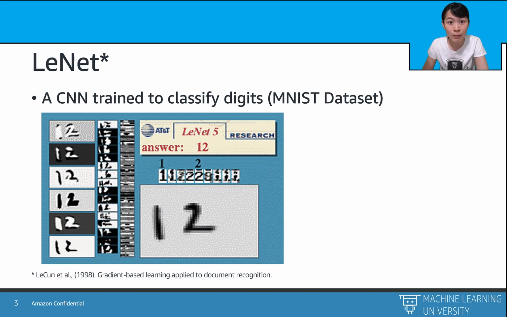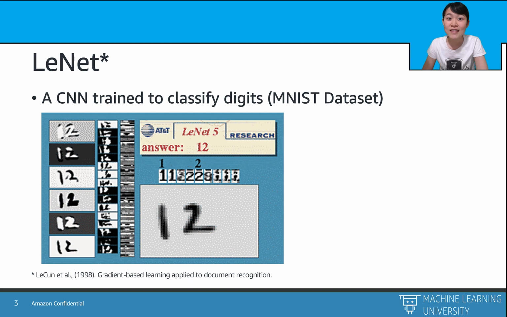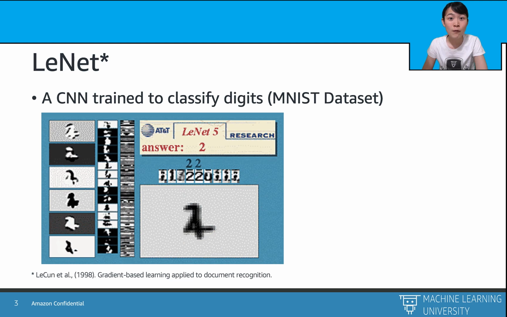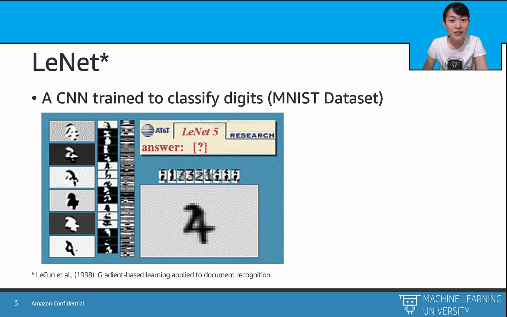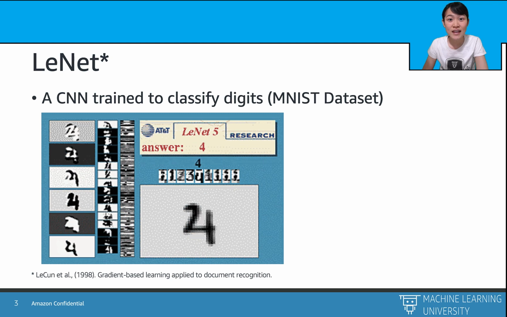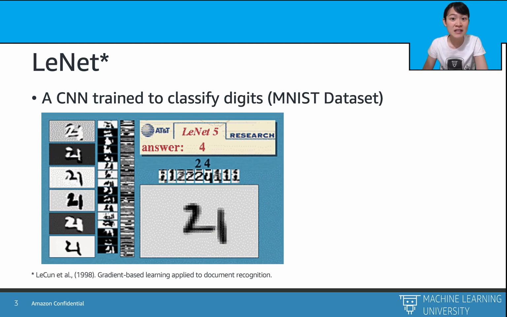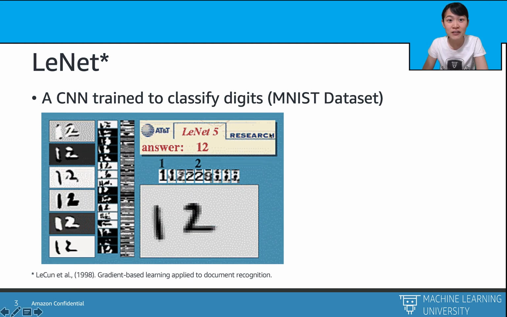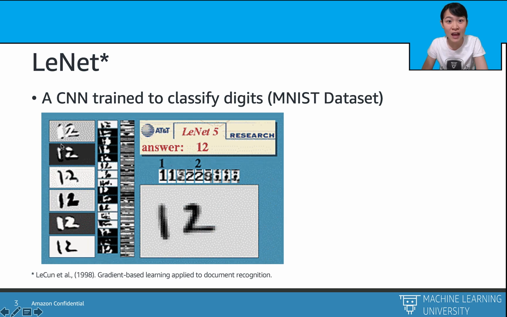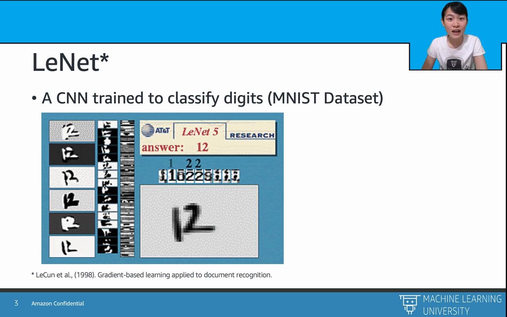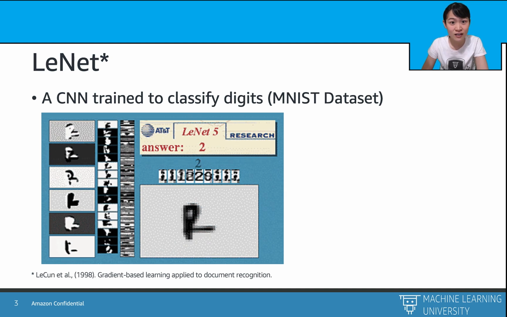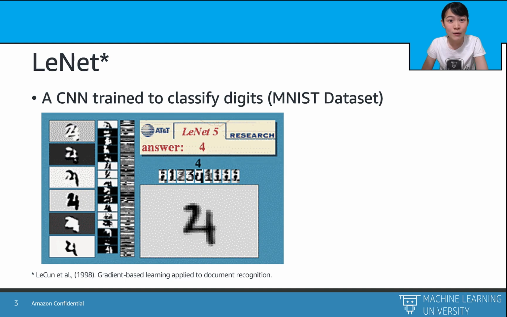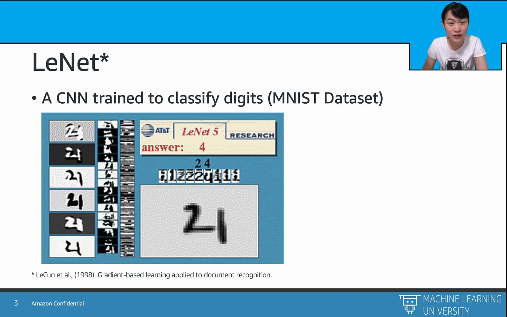Here is a demo of LeNet. As we can see, the digits scan through the network, outputting its estimates of what it thinks the digit would be. Furthermore, we can see on the left-hand side the activations of the various layers. Here in the first layers, after the convolution, we pretty much get edge detectors, so we get horizontal and vertical edges, or things that enhance contrast, or that reverse contrast, and so on.